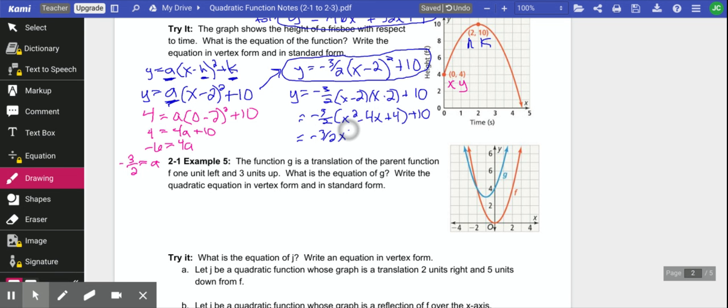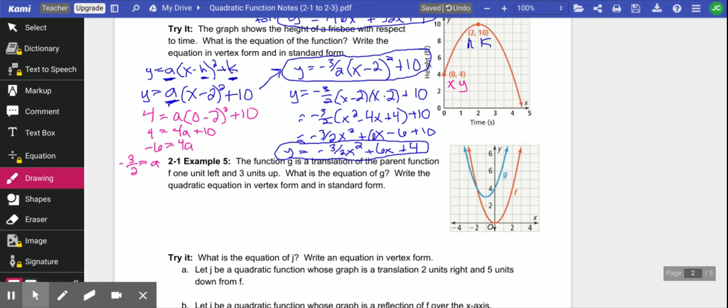So we get negative 3 halves x squared plus 6x minus 6 plus 10. And then just combine the like terms there at the end. So plus 4. So this is the equation in standard form.